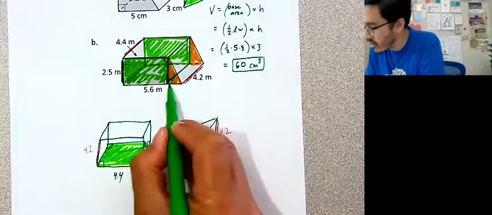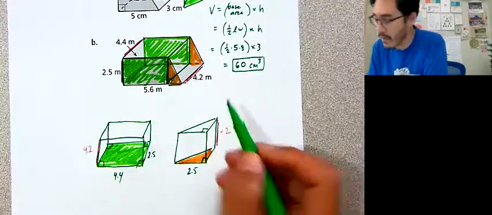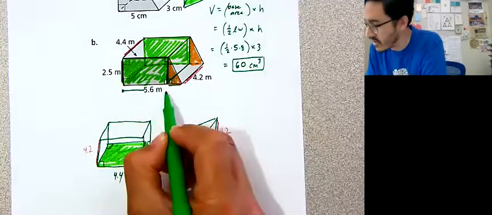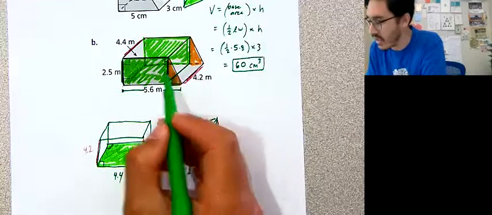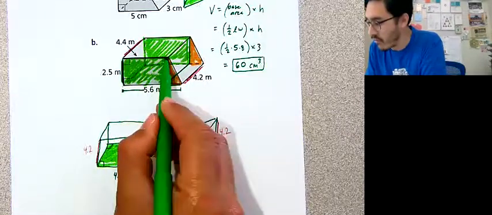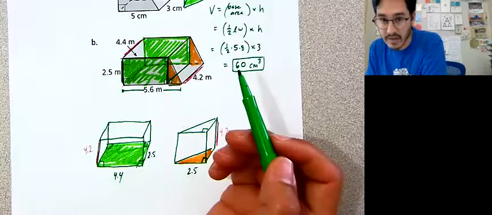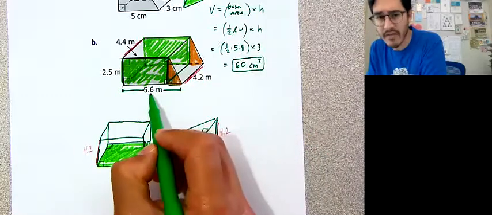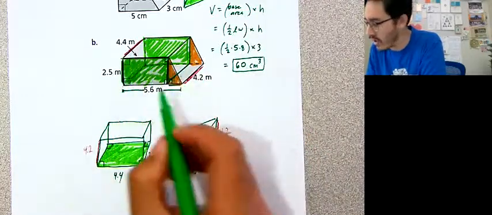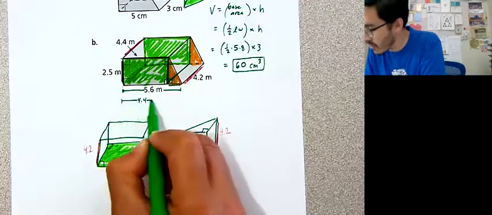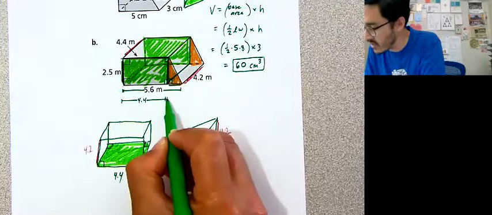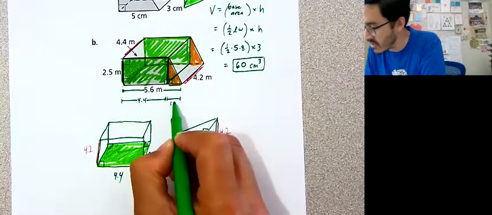Okay. The short leg, we got to do a little bit of math, right? So it's 5.6 from end to end, okay? And then we know that it's 4.4 just for the rectangular face. All right, so if we take the difference of 5.6 and 4.4, the remaining distance is going to be 1.2.